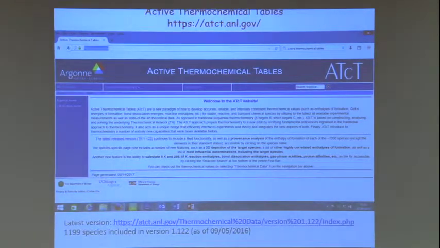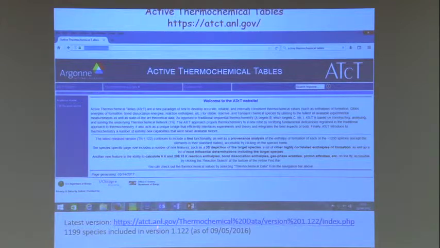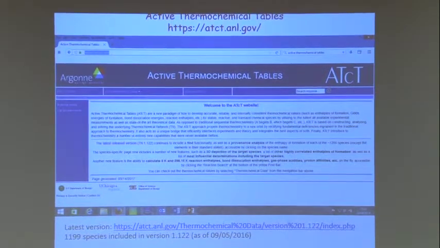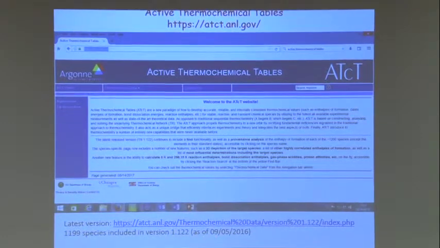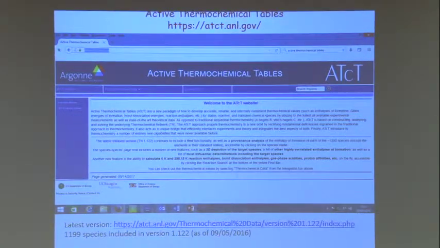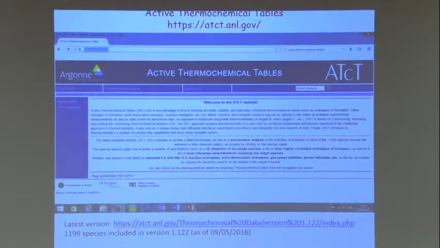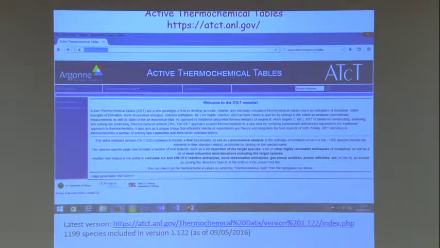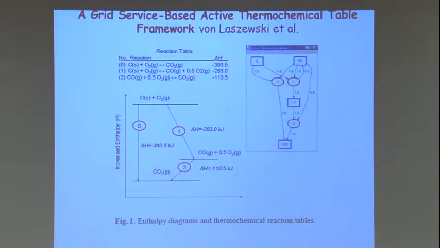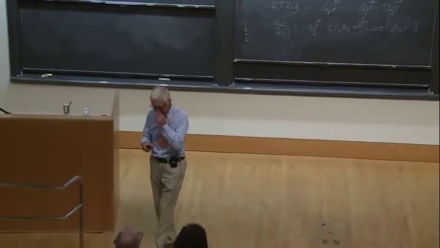So active thermochemical tables, there's the website, and it covers currently, as of May 2016, so this has probably been enhanced, 1199 species. So a lot of species are in there. And just let's have a look at what it's based on.